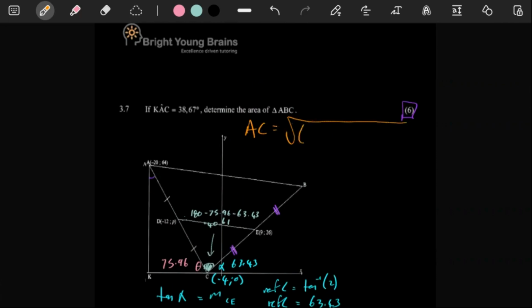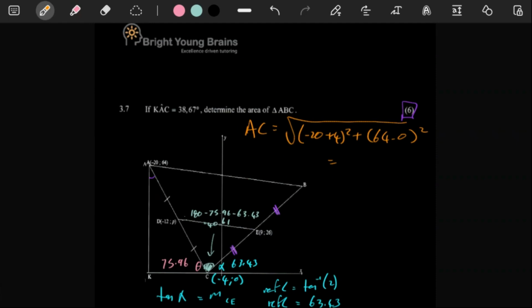It is going to be (-20 minus 4) squared plus (64 minus 0) squared. Use that calculator, don't be afraid of it.